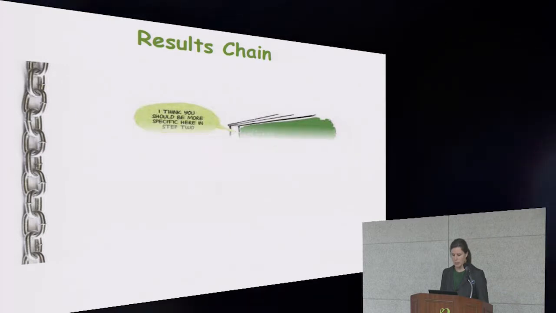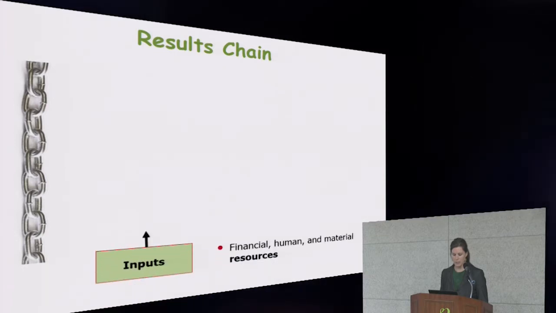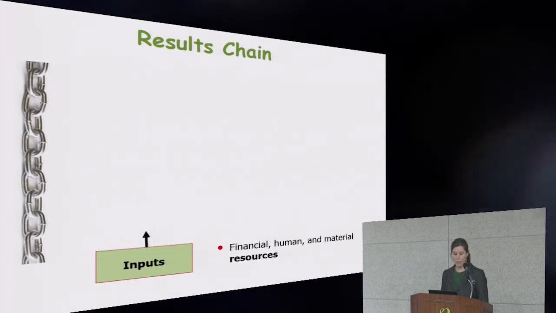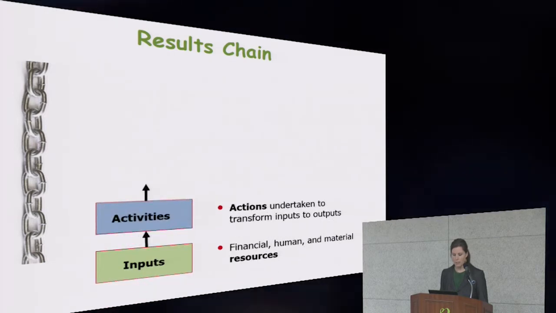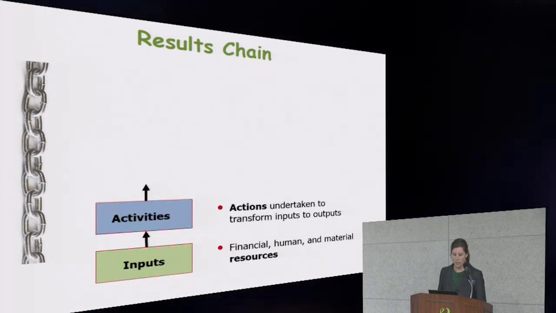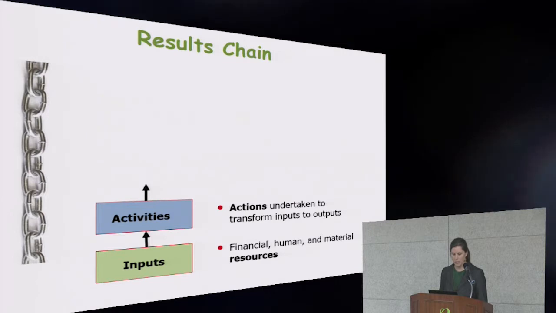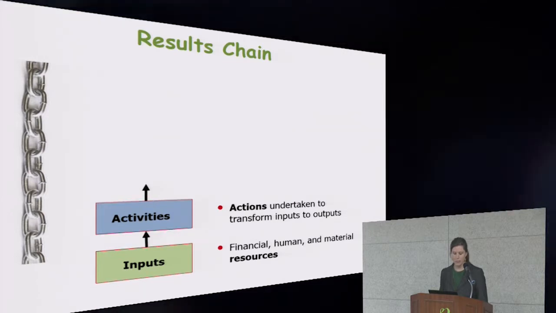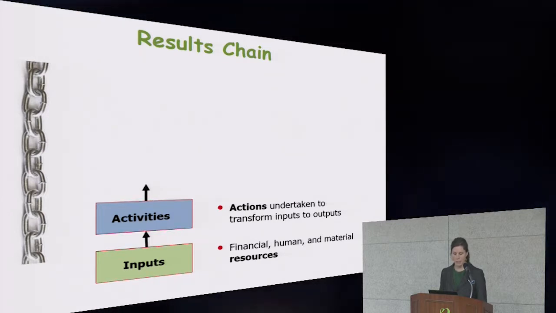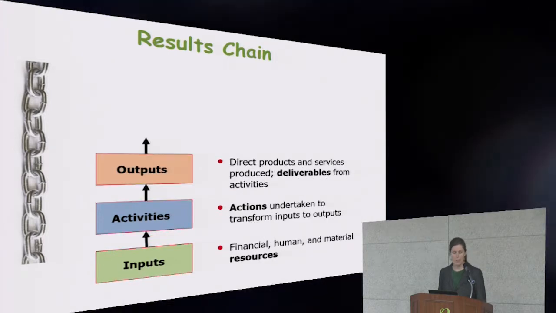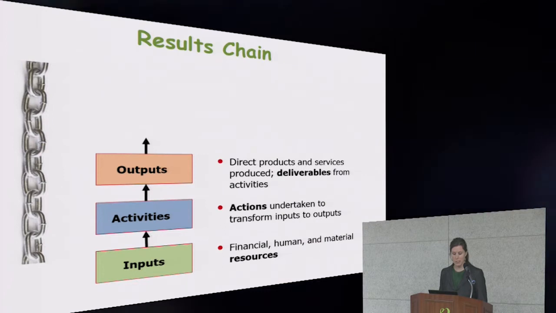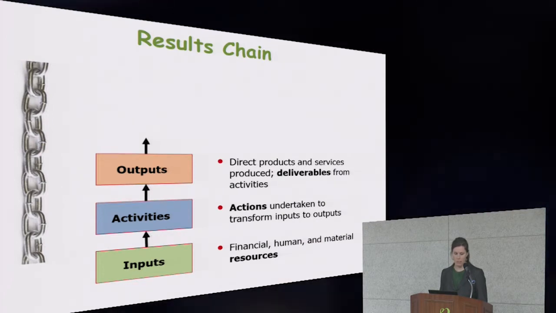The key components of the results chain are inputs, which are the financial, human, and material resources that we're going to use to undertake our activities. The activities are undertaken to transform inputs into outputs, and the outputs are direct products and services or the deliverables from the activities.